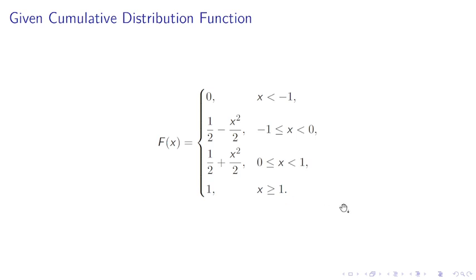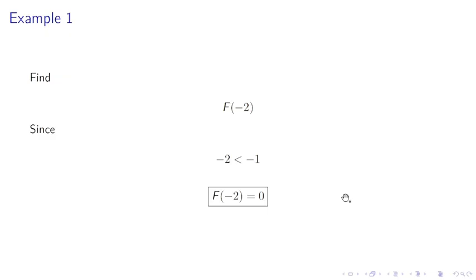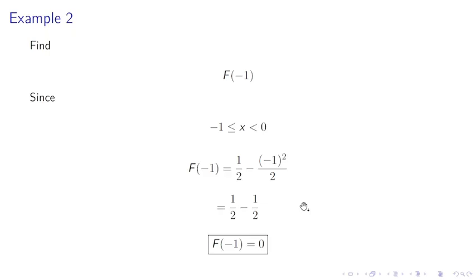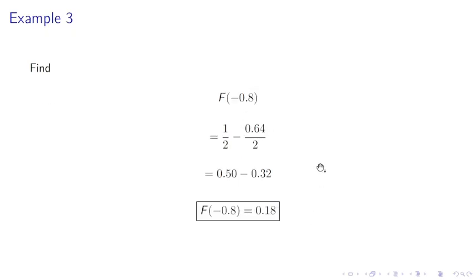Given the cumulative distribution function F of x, we can find F of -2. Here it is less than -1, so it is equal to 0. F of -1 is equal to 0. F of minus 0.8 is equal to 0.18. Use the cumulative distribution function. For F of minus 0.5, it is 0.375.